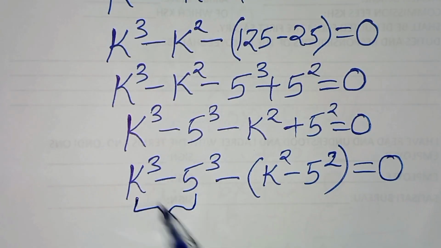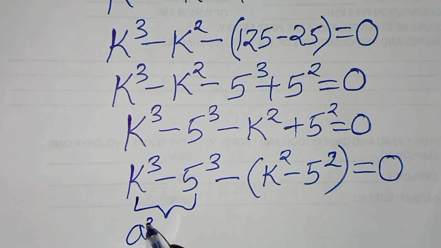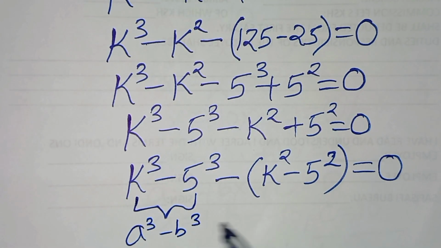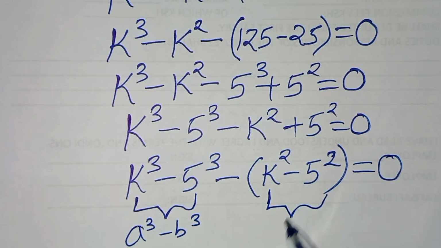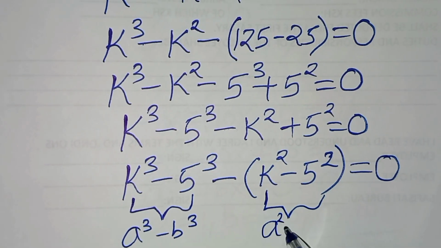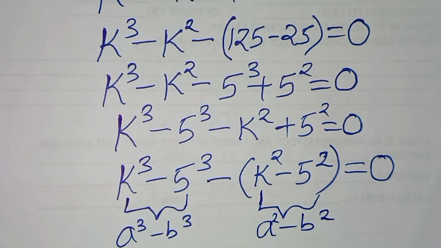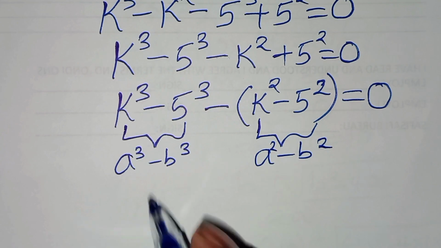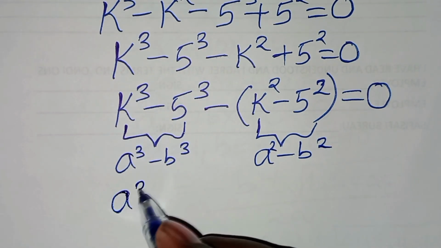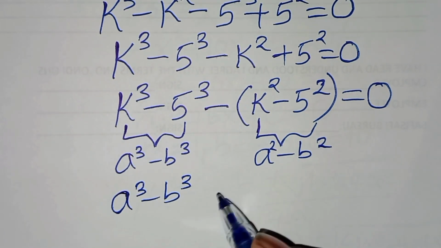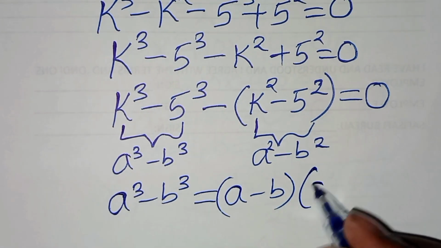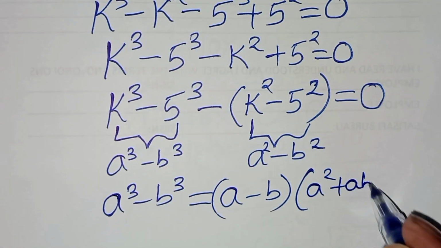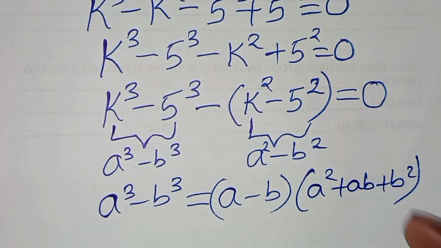We have the difference of two cubes expressed as a to power 3 minus b to power 3, and the second part, the difference of two squares expressed as a squared minus b squared. Now, the difference of two cubes, a cubed minus b cubed, can be expressed as a minus b, a squared plus ab plus b squared.